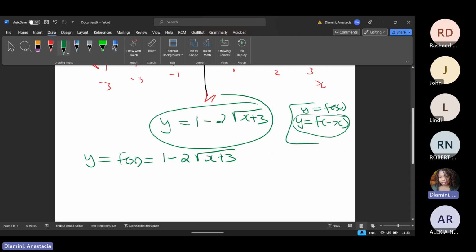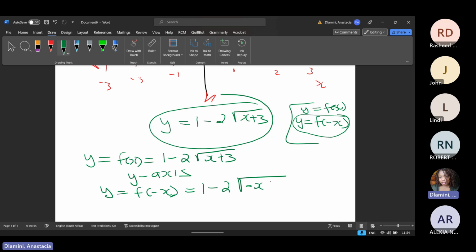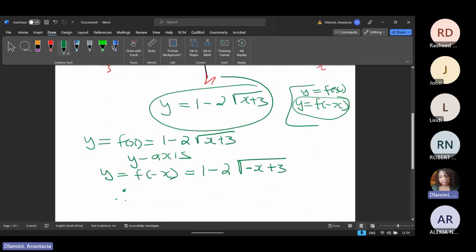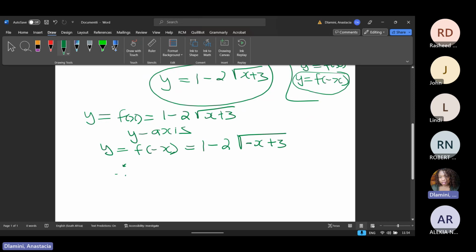So the reflection about the y-axis will be y equals f of negative x, which equals 1 minus 2 square root of negative x plus 3. Therefore, the reflected function, the graph that we drew previously in 2.2, has the equation y equals, let's call it h of x, equals 1 minus 2 square root of 3 minus x.